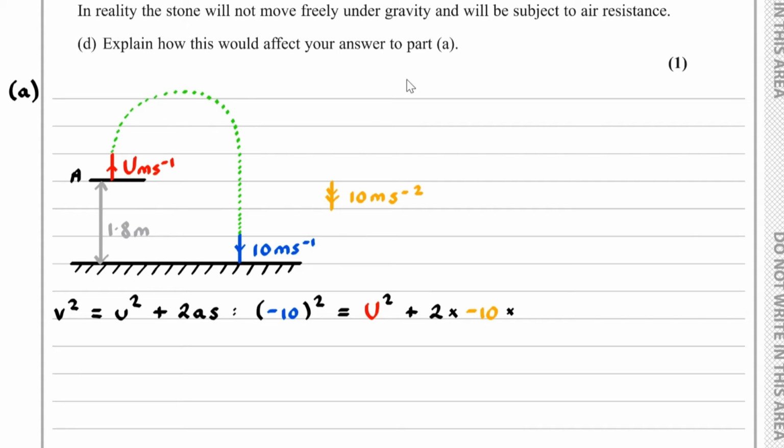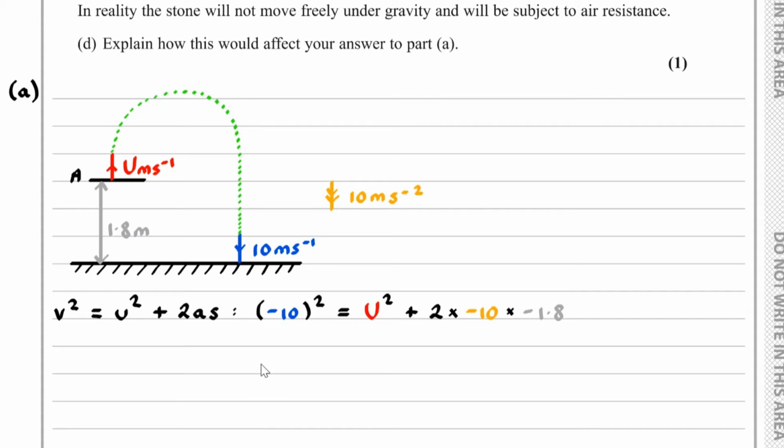and s will be negative 1.8 because the displacement will be negative if we take the A level as the 0 level.